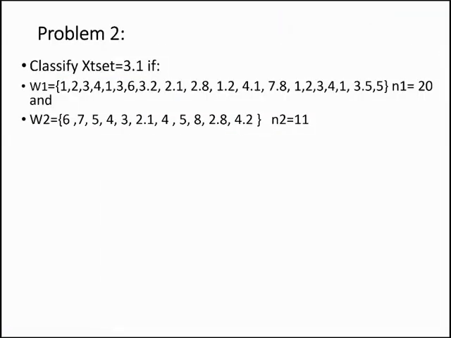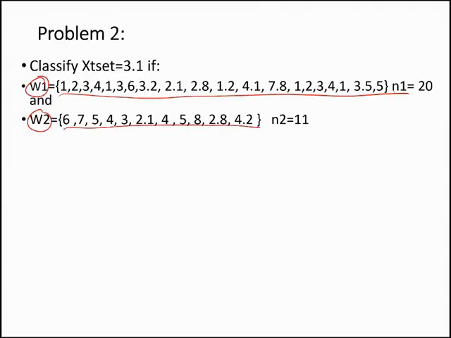Now let us use this parzen window in a second problem. So we can also note down this problem. Here the problem is classify X test equal to 3.5. So you have to find out the class for this if, say, this is omega 1 and this is omega 2. So these are the samples of omega 1 and these are the samples of omega 2.